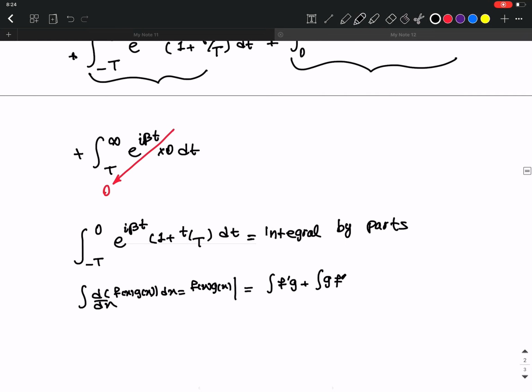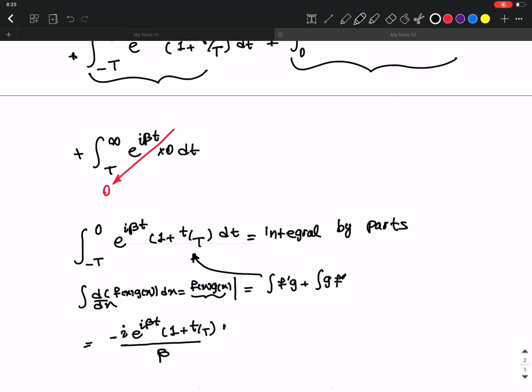So I'm going to assume that this is my integral, this is going to be one of the parts here, for example this one, and I'm going to write it as the actual functions that I had evaluated at the boundary, so I'm going to write it as minus i e to the i beta t, 1 plus t over tau, over beta.